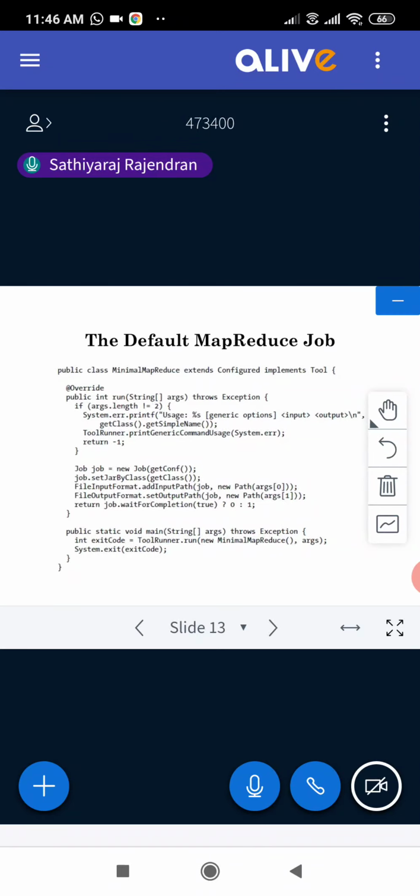When you see this program, it starts with the public int and string arguments. If arguments length is not equal to 2, system dot error. The important thing starts here: Job equal to new job, get configuration, so thereby you get the class. Then you can see file input format and file output format.